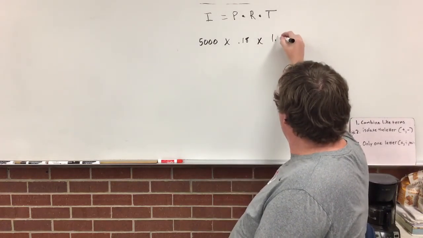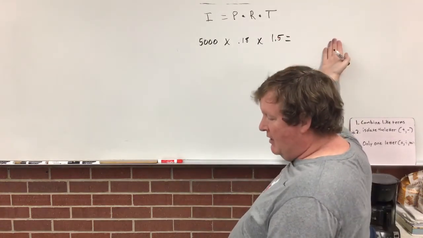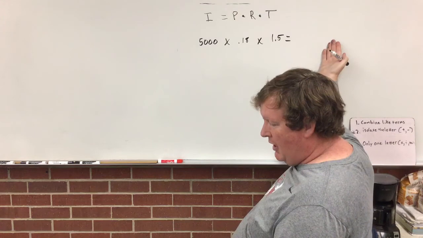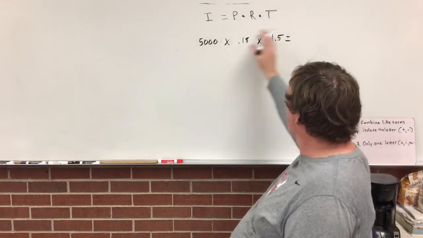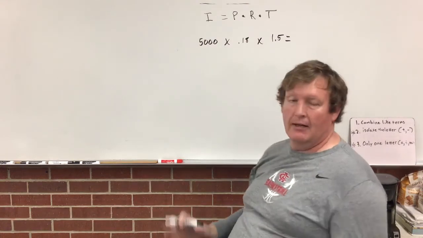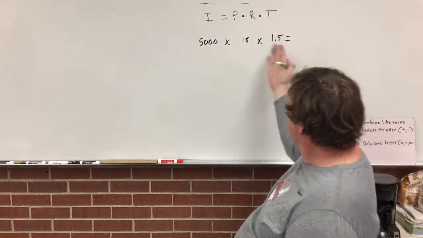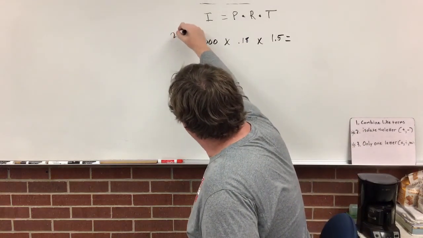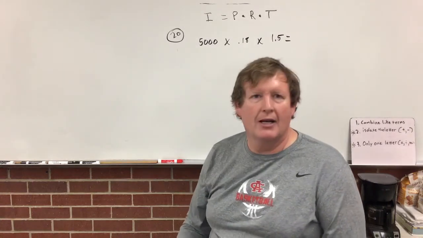So I'll leave 1.5 as 1.5. And it's that simple. Once you find the interest, do they want to know? Yeah, they just want to know the simple interest. So they don't want you to add the interest back to the principal at the end. That's it. So just take 5,000 times 0.18 times 1.5. That is number 20.